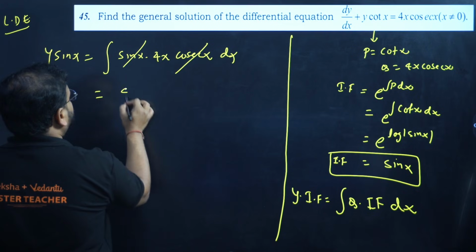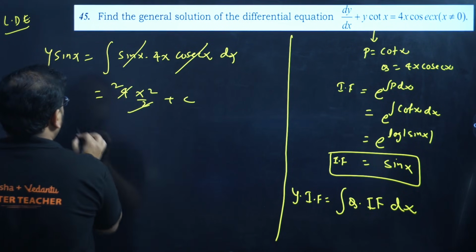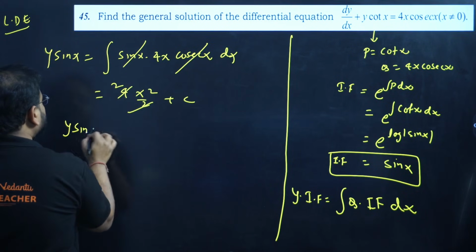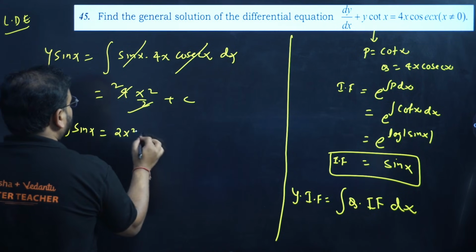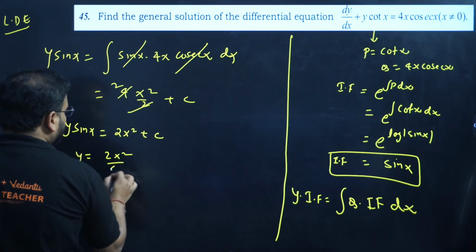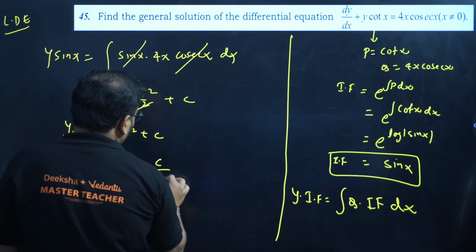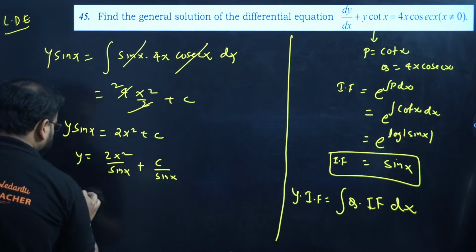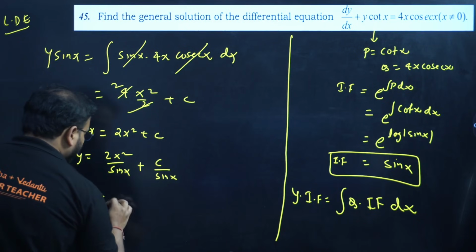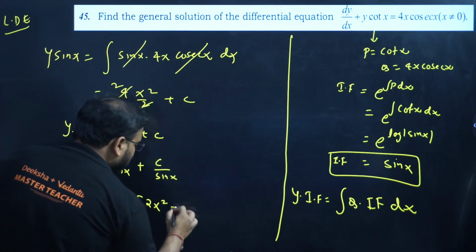Integrate this, you'll get 4 times x square by 2 plus c. This is cancelled as 2. I'm getting here y sin x equals 2x square plus c. So I get y equals 2x square upon sin x plus c upon sin x. So my answer is y equals cosec x times 2x square plus c.